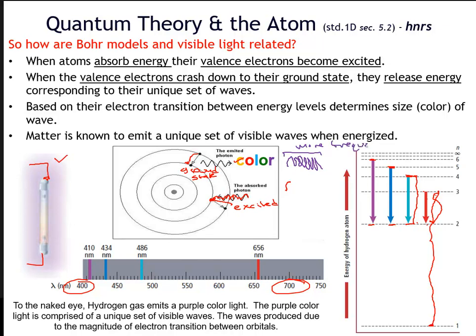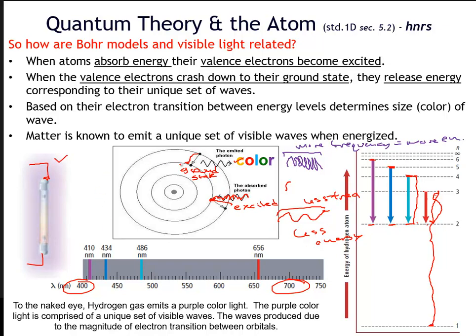Which hence will equal more energy. Versus, say, in red light, since the waves are longer, we're going to have less frequency. And when we have less frequency, we're going to have less energy because the amount of waves are less.